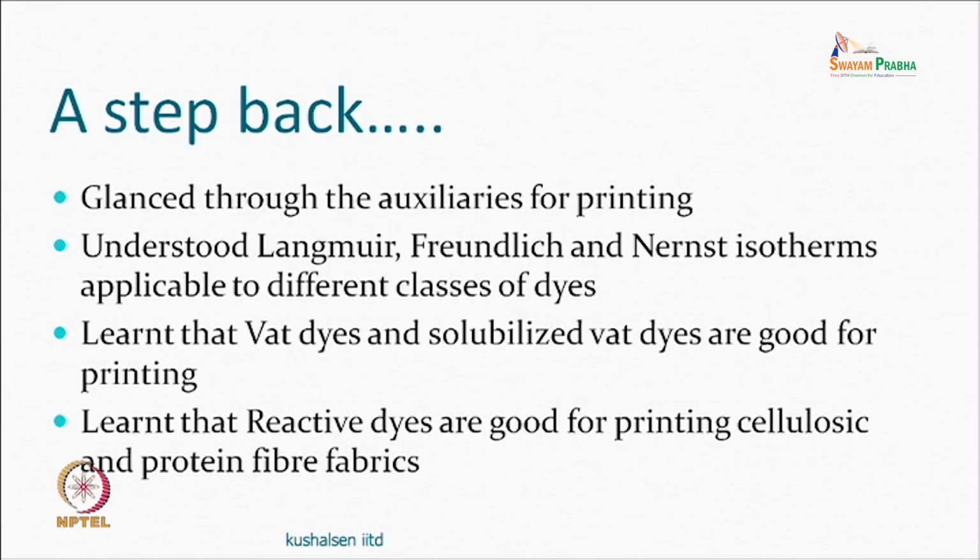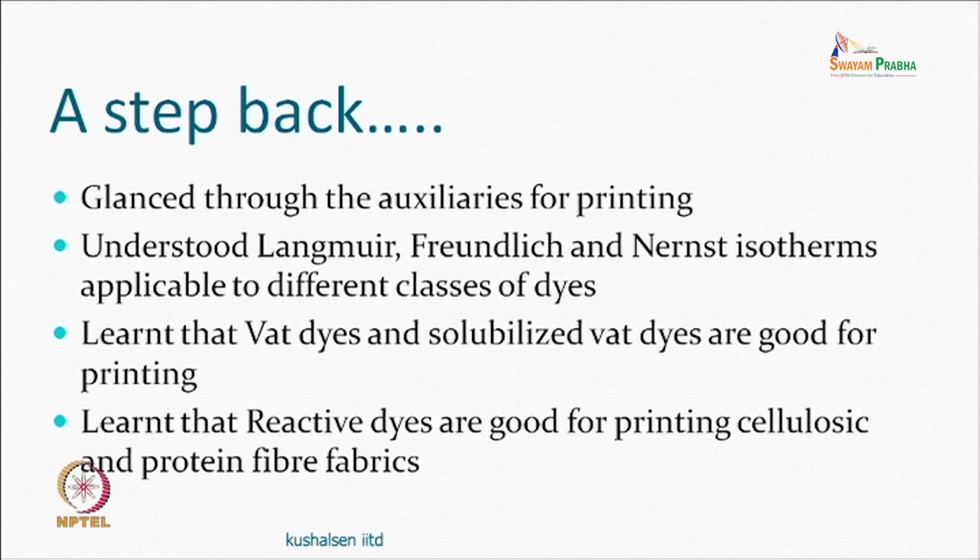All right, so we meet again for this course, and let's see what we did in the last meeting. We did glance through the auxiliaries that are essential for printing.